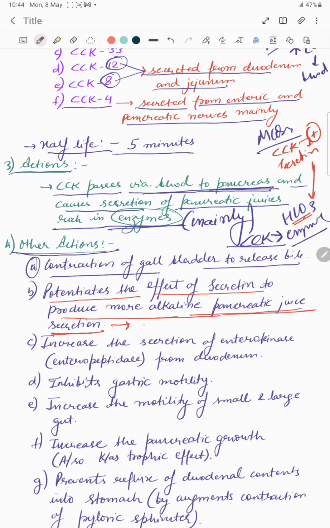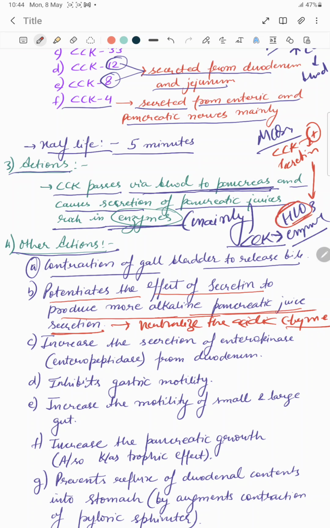and this causes neutralization of the acidic chyme that is present in the duodenum, because this chyme enters the duodenum from the stomach, and stomach chyme is highly acidic. So when it enters into the small intestine, it is highly acidic. At that time it's important to neutralize the acidic medium and make it alkaline.